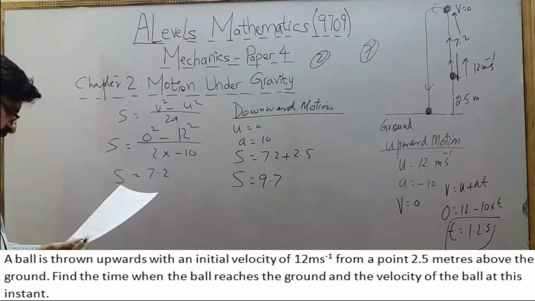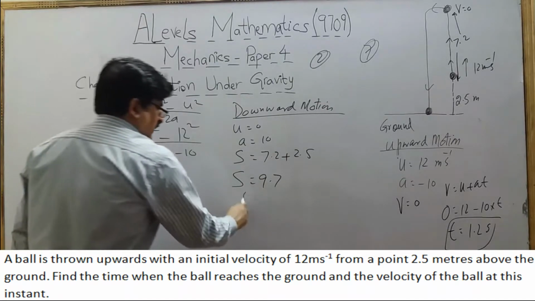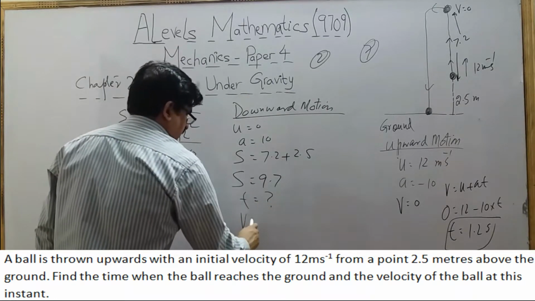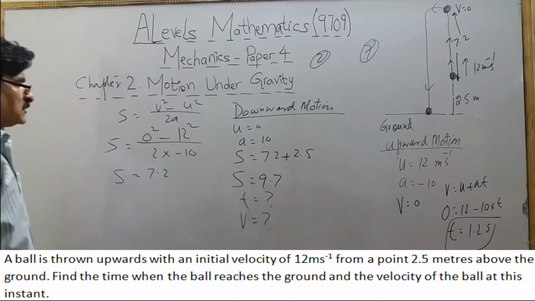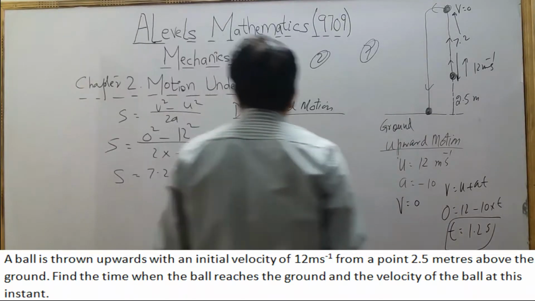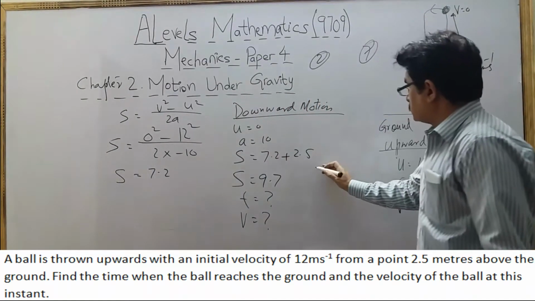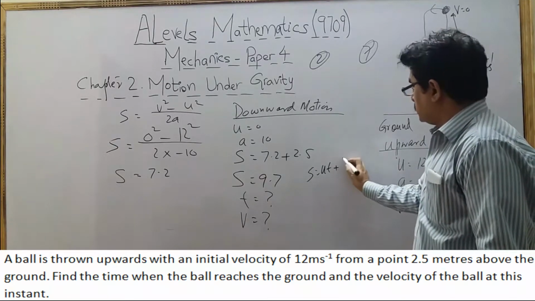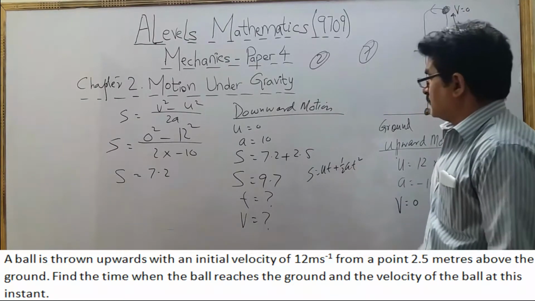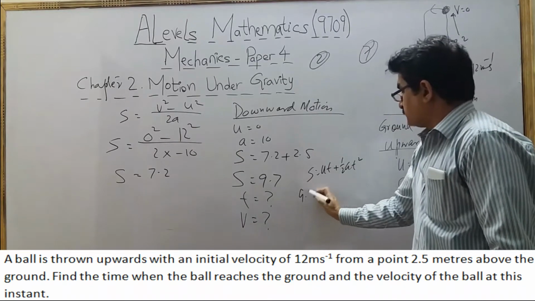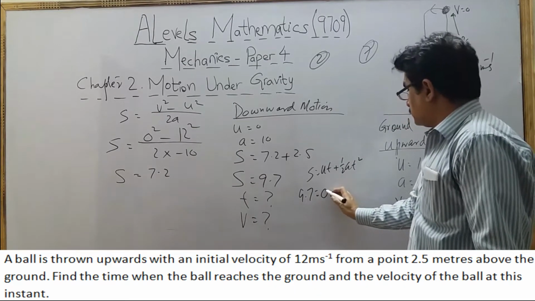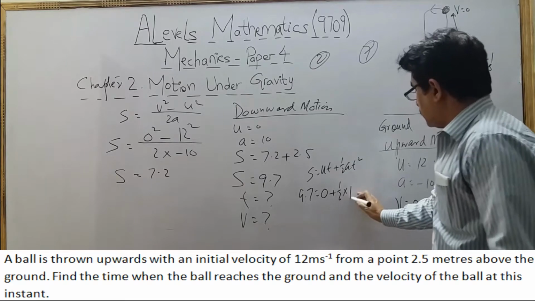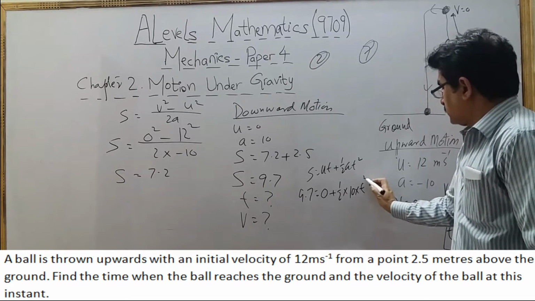Now we need time and velocity. So what is the time and what is the velocity? So now for time, if you apply the formula, s is equal to ut plus half at square. What is s? S is 9.7, u is 0, and we have half, a is 10, and into t square.